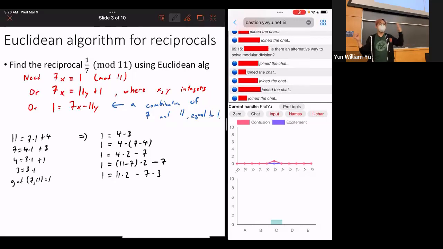Therefore, because we know the left-hand side and the right-hand side of this equation are exactly equal, we can just divide and take the remainder mod 11 on both sides. And so really what we mean by that is you can then convert this into a statement in modular arithmetic. So 1 is equivalent to 11 times 2 minus 7 times 3 in mod 11.